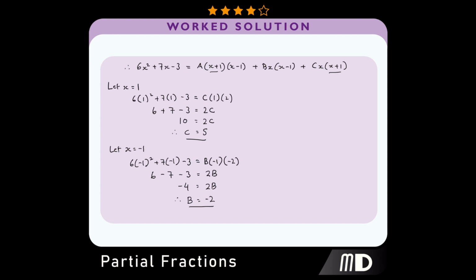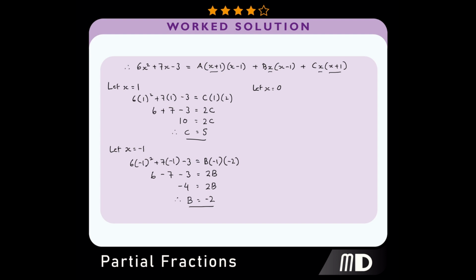The only variable we need to find the value of now is a. And we're going to do that by letting x equal 0. So the terms where there is an x by itself will be equal to 0. So the part of the expression on the right-hand side involving a will be the only non-zero part of that expression.